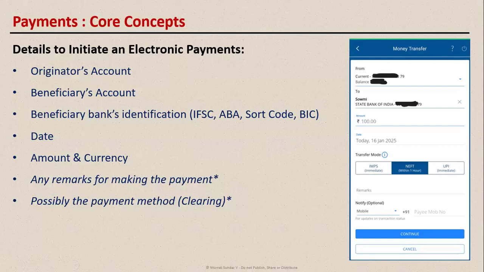And finally, we have connectivity: how do I reach that bank? These are the main concepts that apply for either domestic or cross-border payment transactions. These six things are mandatory to be aware of when you want to learn about payments or when you are starting in the payments domain.